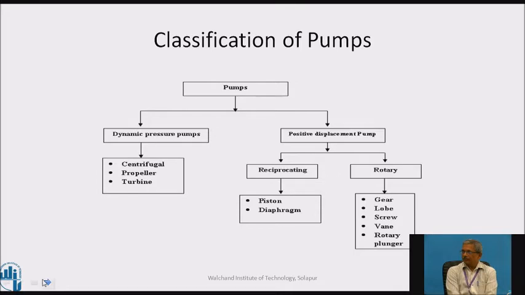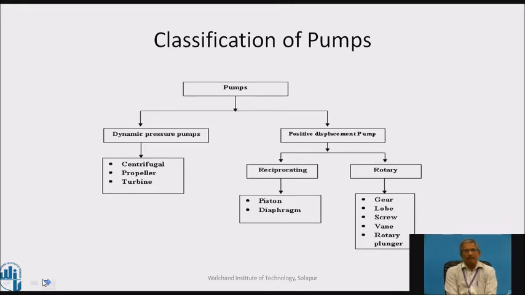Whereas positive displacement pumps include reciprocating pumps and rotary pumps. In reciprocating pumps, there are piston pumps and diaphragm pumps. In a piston pump, the mechanism is a piston cylinder arrangement. Suction will be generated when the piston travels from IDC to ODC, or from head to the bottom.